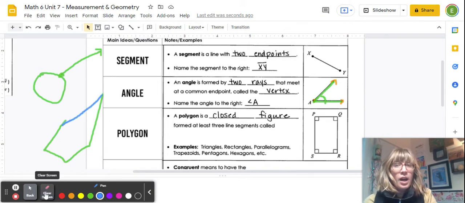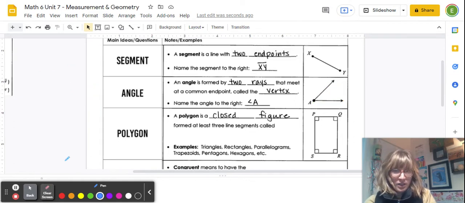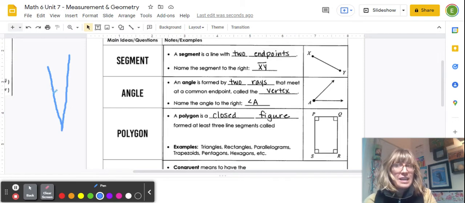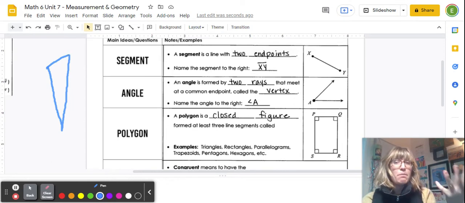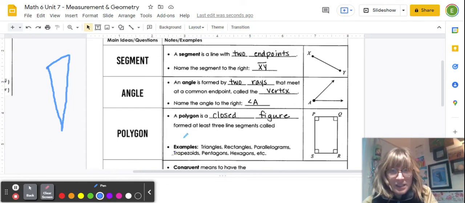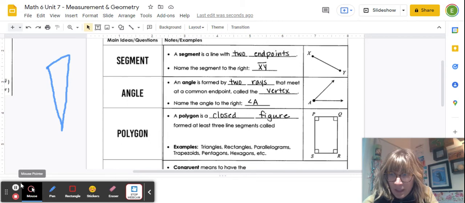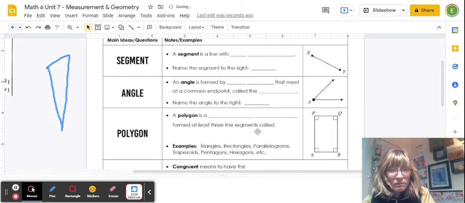So a polygon is a closed figure formed by at least three line segments. So you know that if we have something like this, it is never going to be able to be closed. You need a third line at least to be able to make a polygon. So it needs at least three line segments.